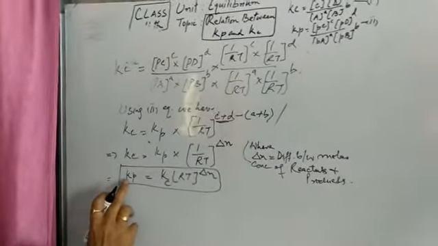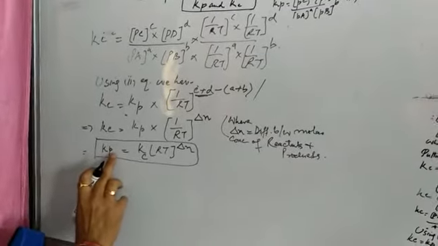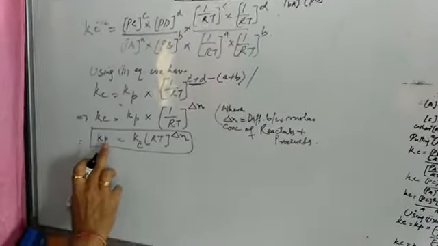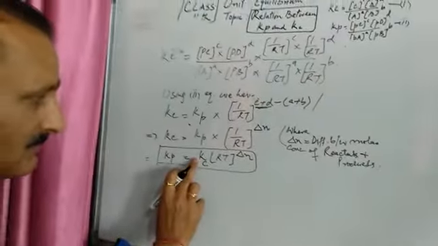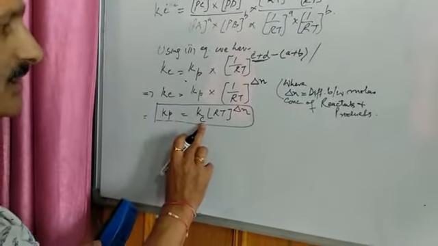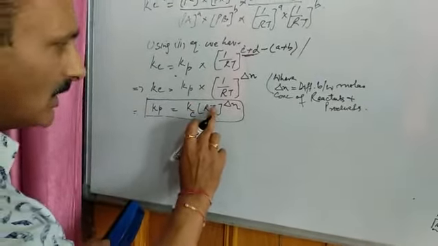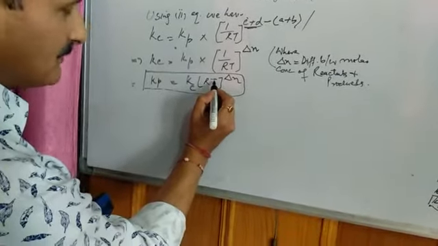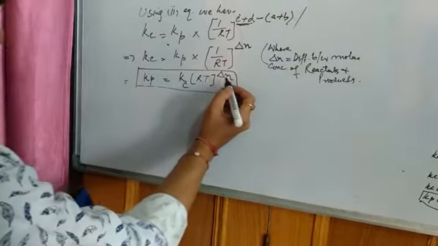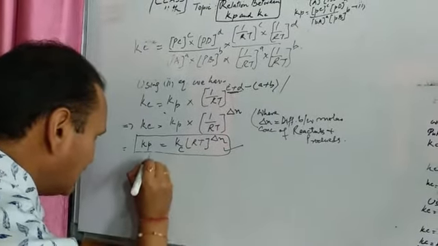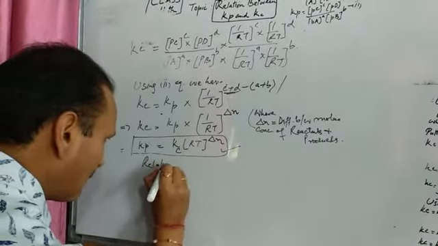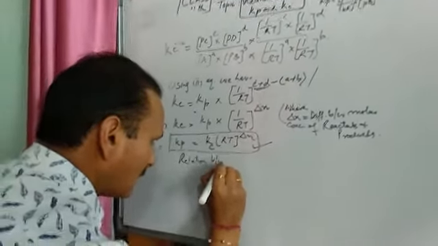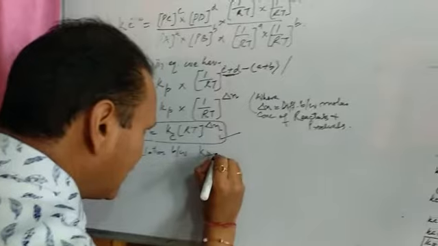Kp is the equilibrium constant when partial pressure is taken into consideration. So this equilibrium constant is equal to another equilibrium constant, Kc, when molar concentration is taken into account, multiplied by RT raised to power delta n. R is the gas constant, T is temperature in Kelvin, and delta n is the difference in the molar concentration of reactants and products. So this is the relation between Kp and Kc.